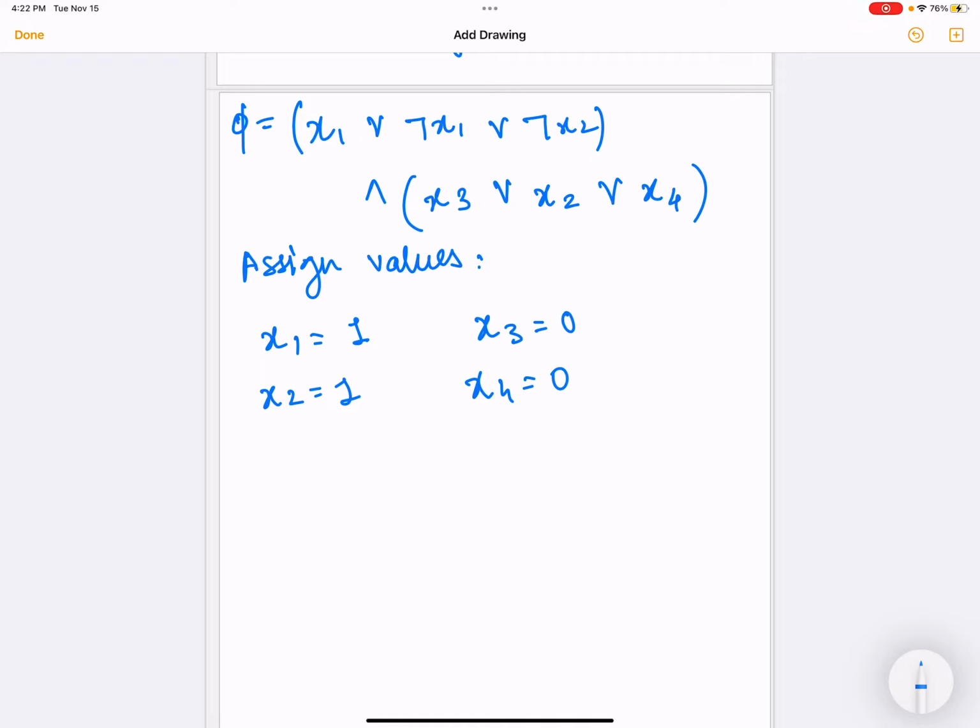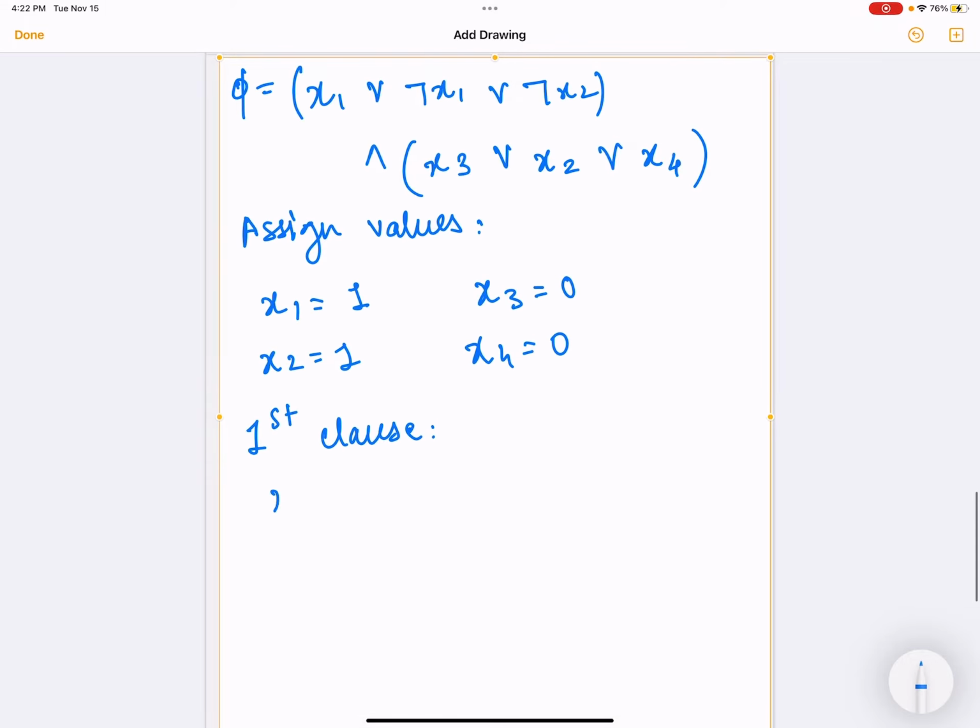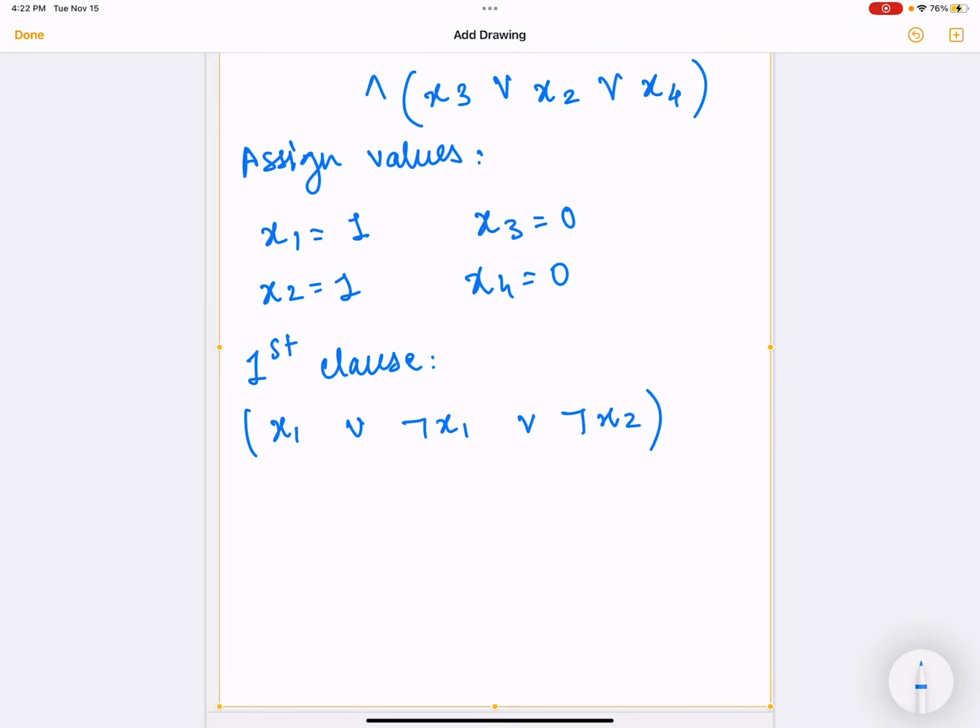So let's first check for the first clause. First clause is x1 or negation of x1 or negation of x2. This is our first clause. Now as there is a disjunction here, if either of these values is 1, then the whole clause evaluates to 1.